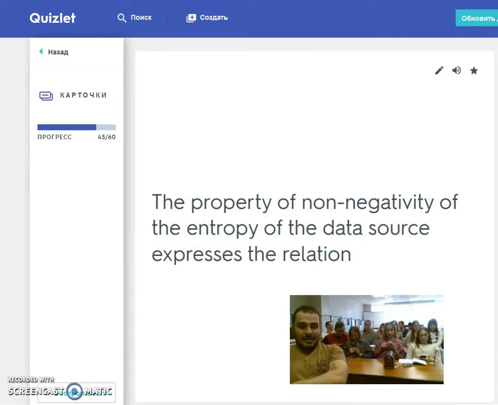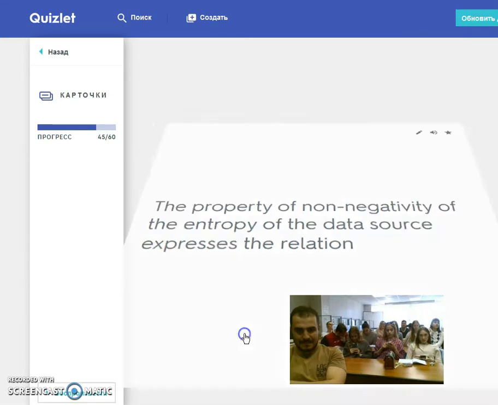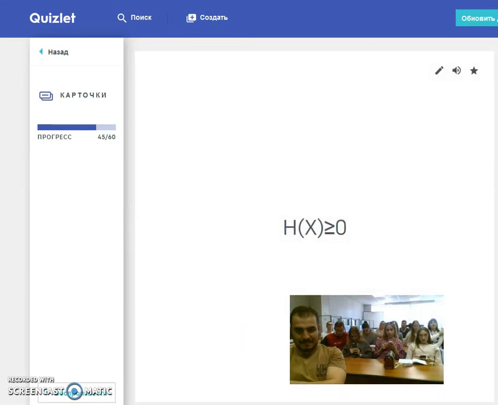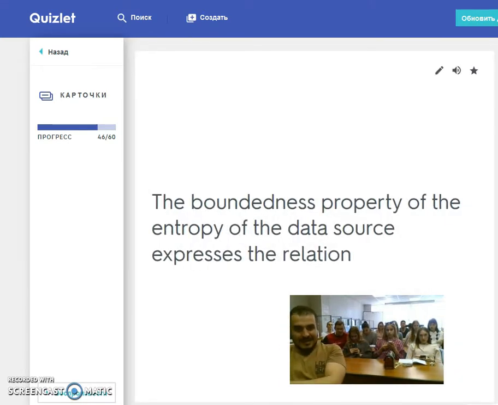The property of non-negativity of the entropy of the data source expresses the relation. The boundedness property of the entropy of the data source expresses the relation.